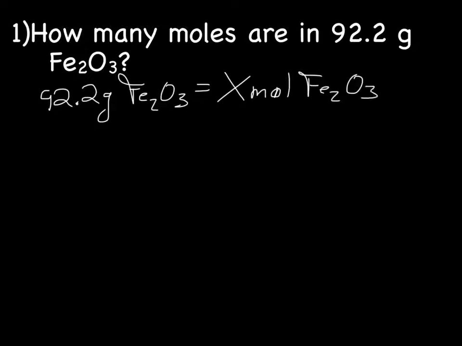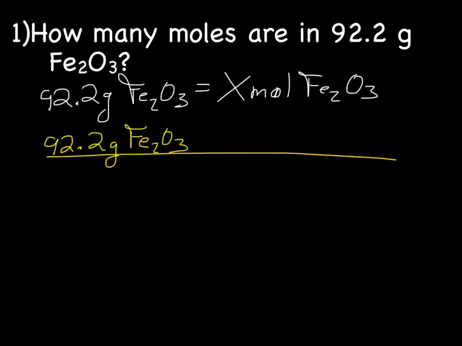Okay, so then we'll make our grid and put our known in the grid. Alright, and next is our equality. So we have grams and moles, and the equality that we know that has grams and moles in it is 1 mole of, in this case, Fe2O3 equals the molar mass of Fe2O3.